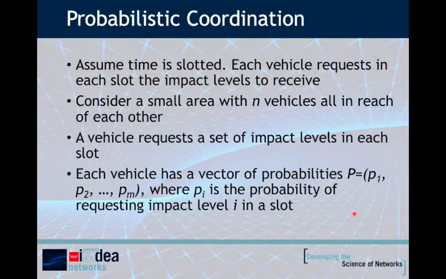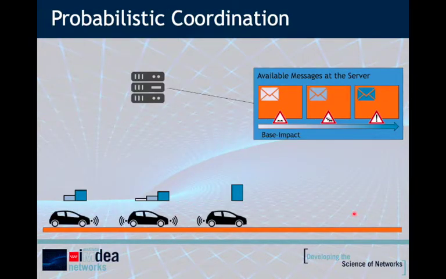With these probabilities, the idea is that different cars may have different vectors. In this particular case, as you see, the car on the right is requesting only high-level messages, while the one on the left is requesting from the two top levels, while the one in the center is requesting from the three levels, but with different probability distributions.